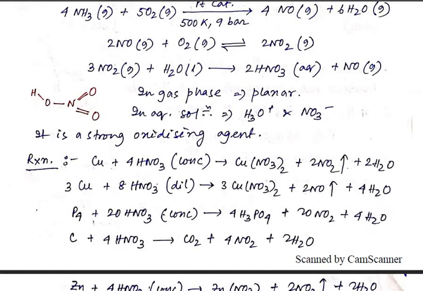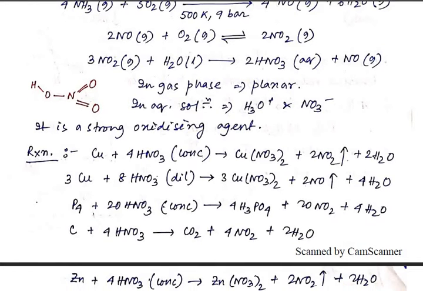After that, we had seen the different types of reactions of the nitric acid, like it can be reacted with the copper at different conditions. It can be reacted with the phosphorus, and the reactions of nitric acid with carbon are also there.